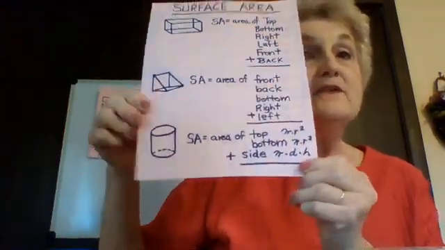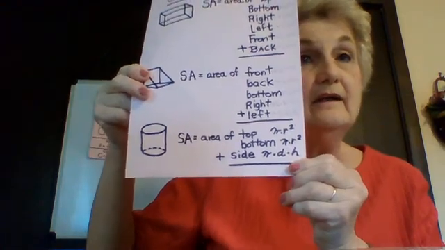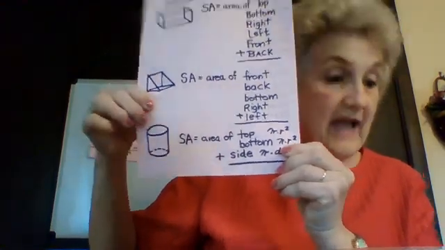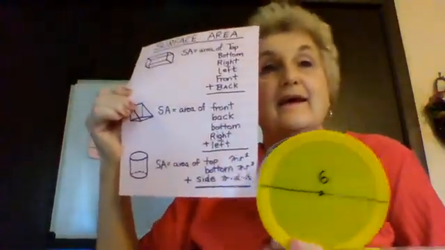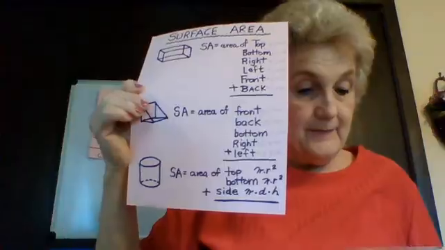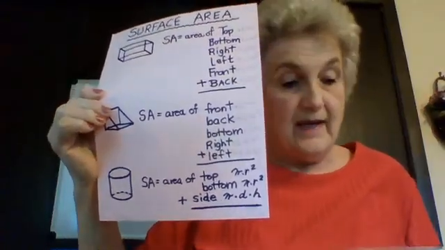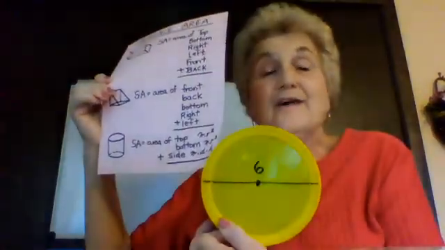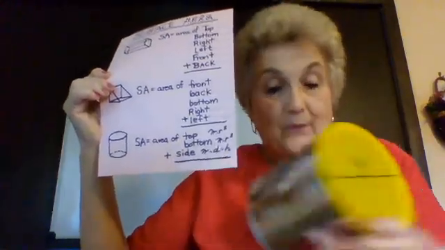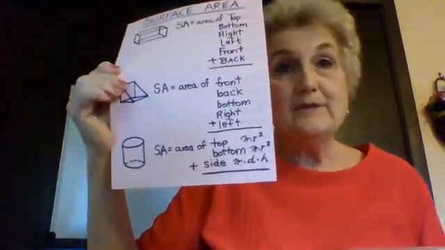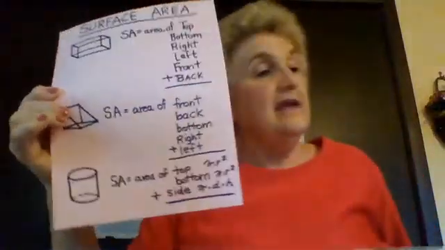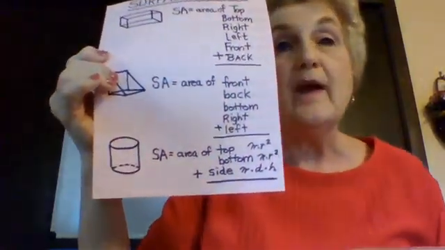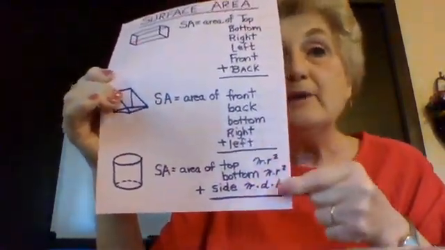Okay, and then the surface area of a cylinder, remember, you get the area of the top of the can we used last time. And we discovered for this particular can, which was pi r squared, the diameter was 6, so the radius was 3 squared, which was 9 times 3.14, and the area was 28.26 square inches, so the bottom would be the same.